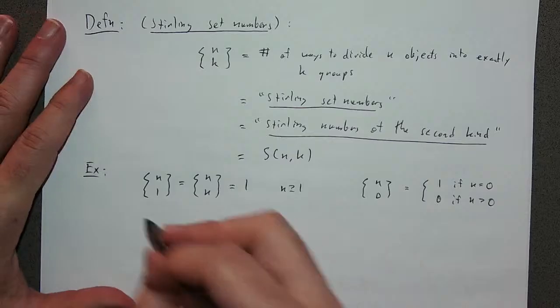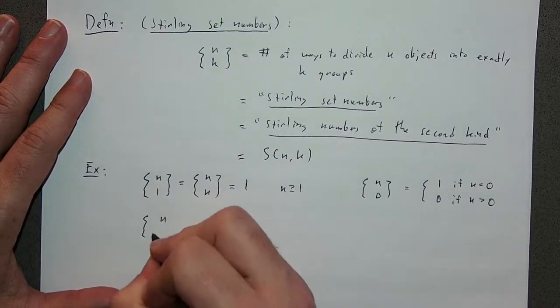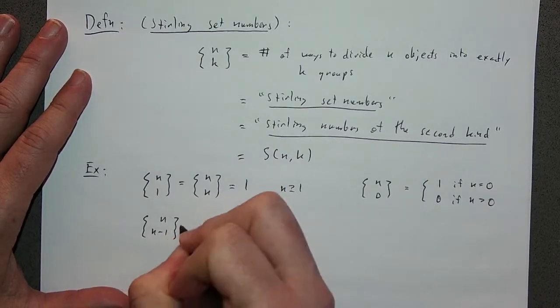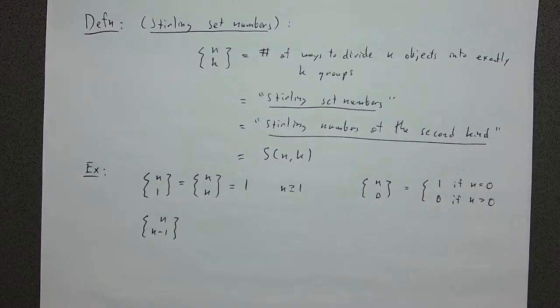What about the number of ways to divide n people into n-1 groups? Again, this is just like with the tables question. Now you don't have enough groups to match every person to their own group, so now you have a choice. You choose 2 people that get put into the same group and the rest get put into their own groups.